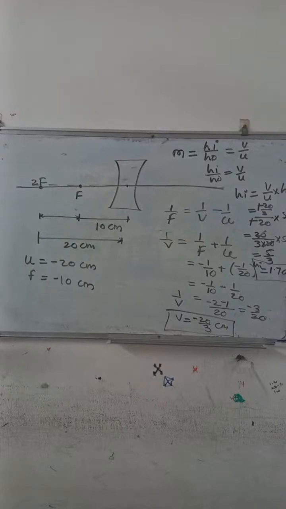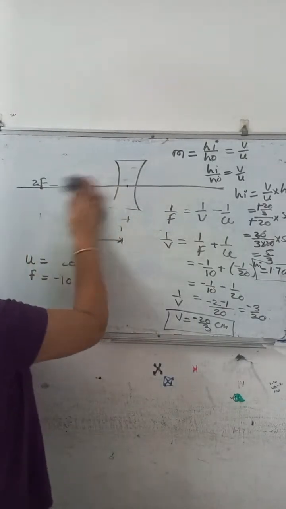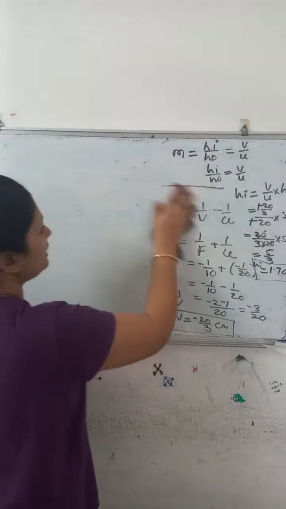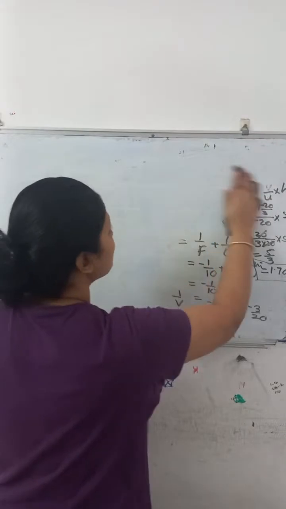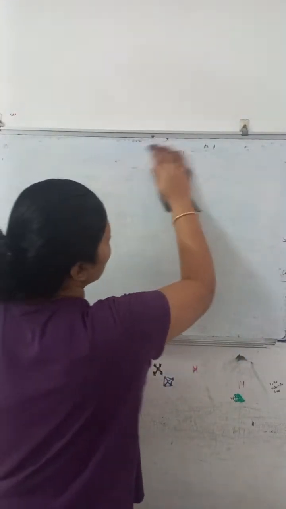Wherever the concave lens comes, f is always negative, and if the object is kept in front of the lens, u is also negative. So definitely v is also coming negative. After practicing these lens problems, you will get the idea what kind of answers we are getting.